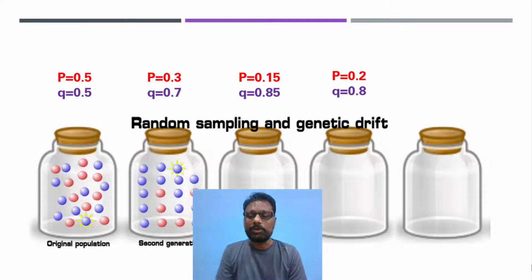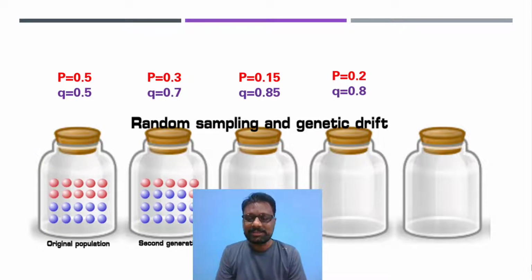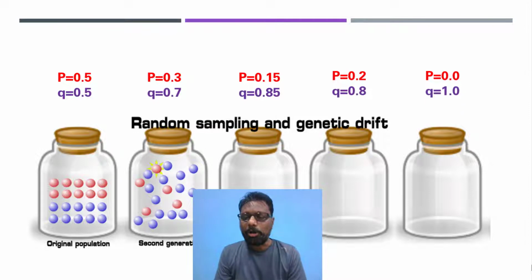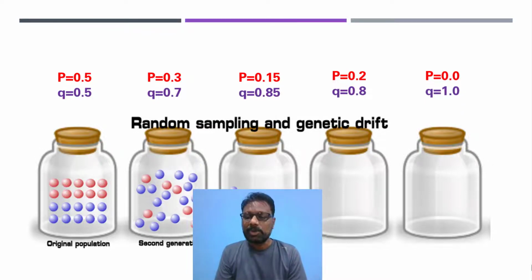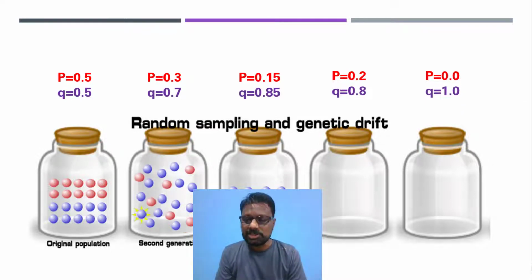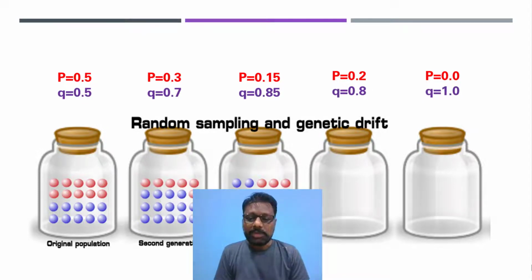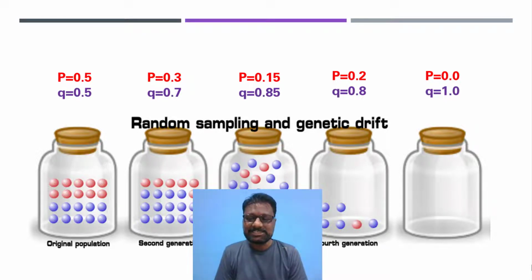In the last generation, all alleles are blue, where the p value is 0 and the q value is 1. This change in allelic frequency over a time period by chance, we generally consider as genetic drift.